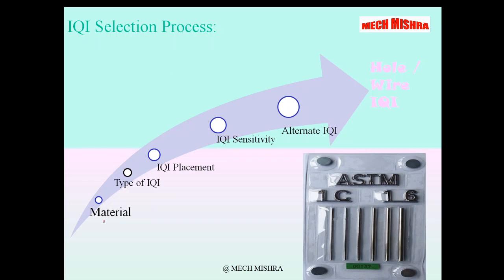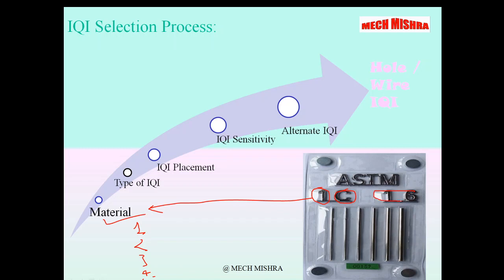First is the material of the IQI, which will be referred to by this, means what will be the material, it may be of 5 types: 1, 2, 3, 4 and 5. So 5 material types are there. Then is the set A, B, C, which we have seen.